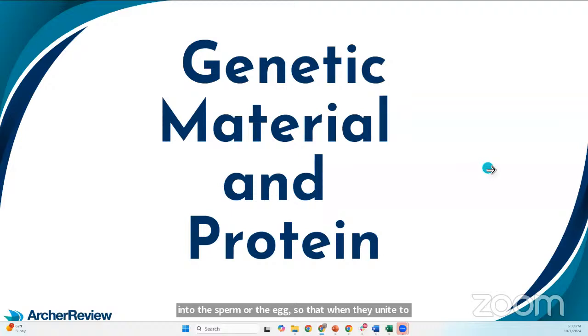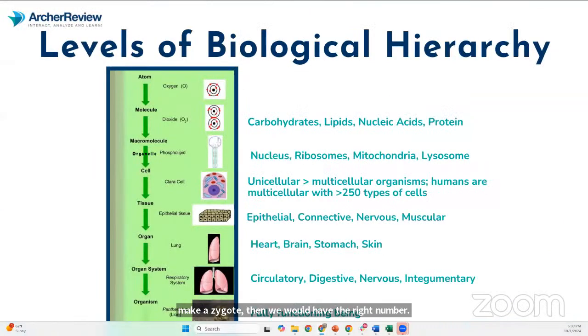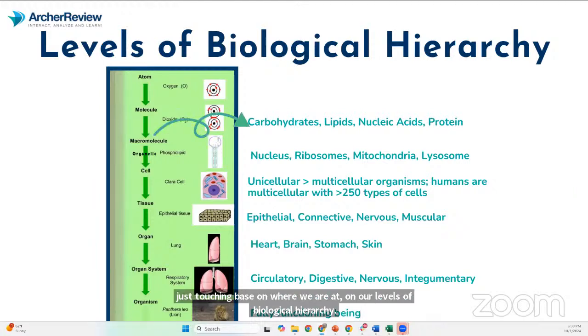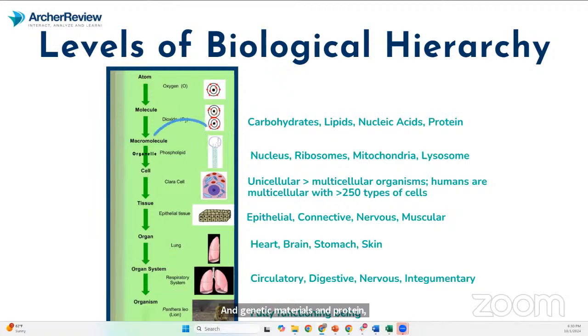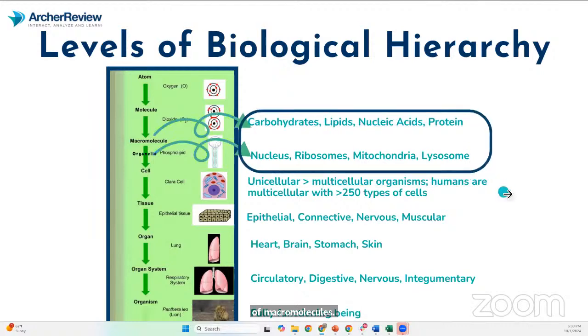All right, next category, genetic material and proteins. So just touching base on where we are at on our levels of biological hierarchy. In genetic materials and protein, we are in the realm of macromolecules, as well as organelle, and that's where we're headed next.